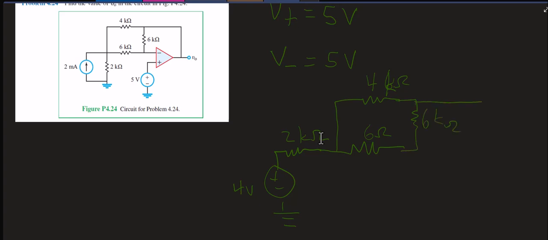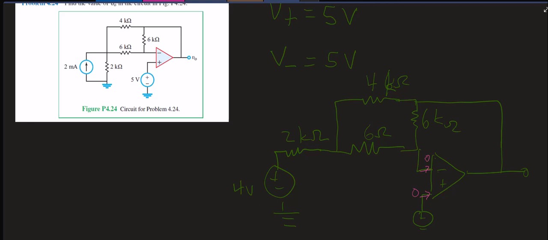Really it's transferring from one place to the other because of that node, right? Probably. I haven't actually looked at it yet, but you're probably right. We can't have any current going into the op amp. So we know that this current is 0 and this current is 0.